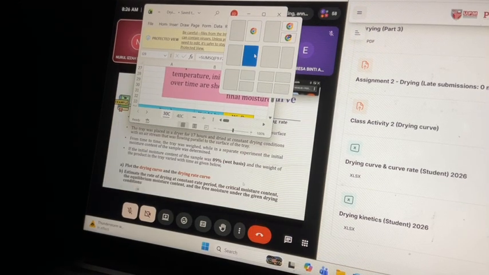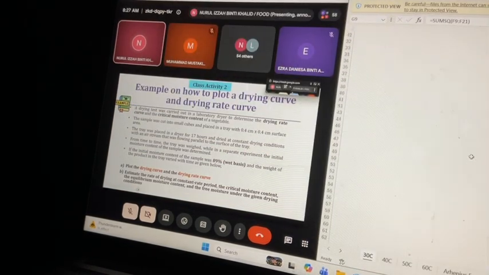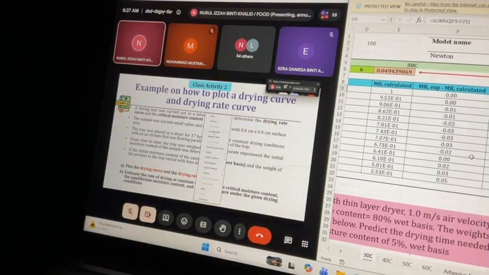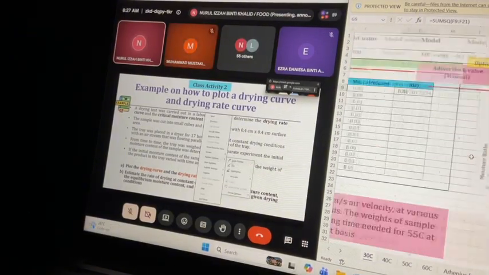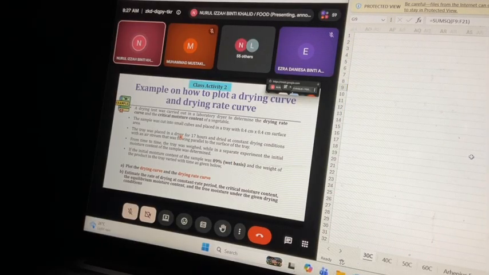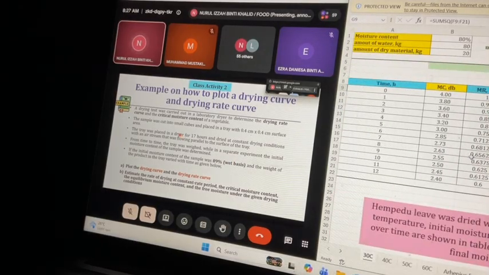For class activity 2, here is an example on how to plot a drying curve and drying rate curve. We are using a dryer, and we put in the sample.